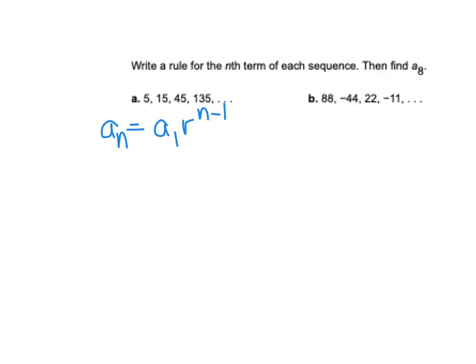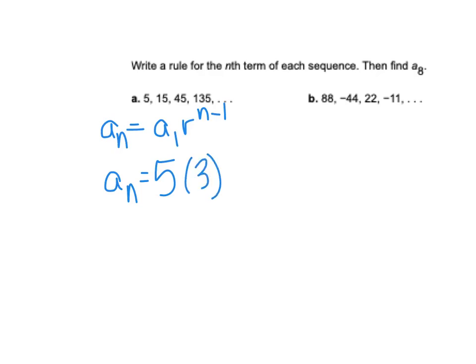We need to know what a sub 1 is and what r is. A sub 1 is 5, because that's the first term in the sequence. And our r, if you notice, is times 3 every time. So we are going to have 5.